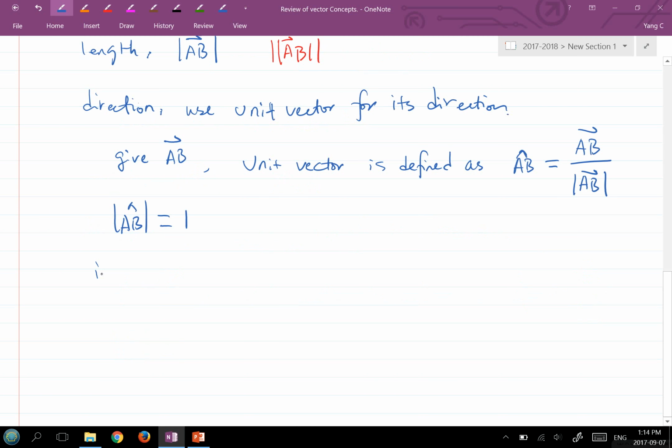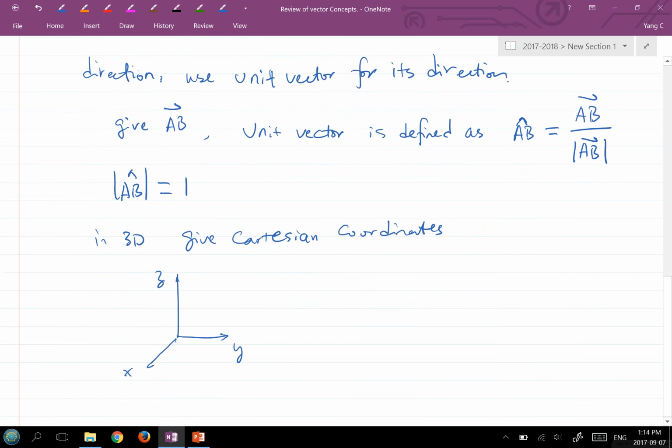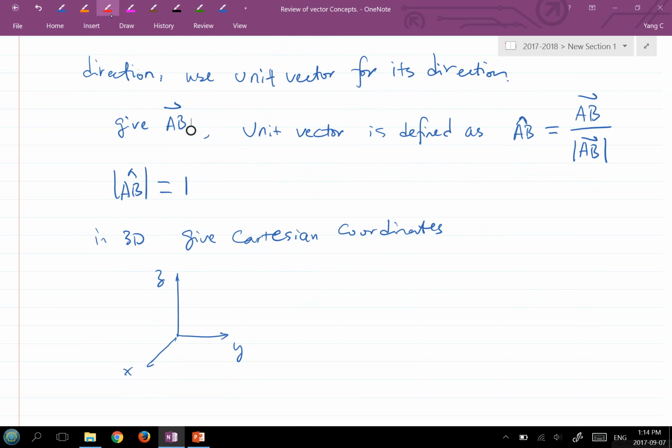If I give you Cartesian coordinates x, y, z, you have an x-axis, y-axis, and z-axis. It is called Cartesian coordinates because each of the axes is perpendicular to the others, 90 degrees.